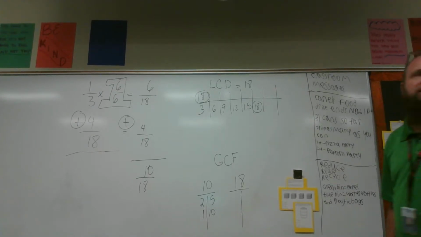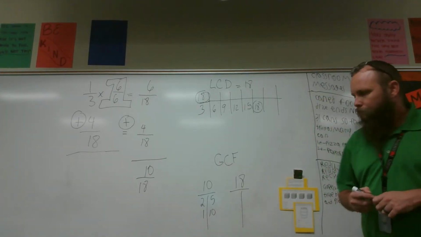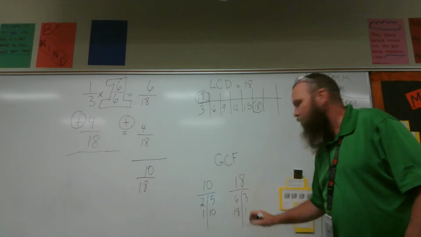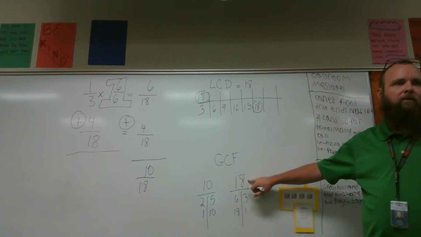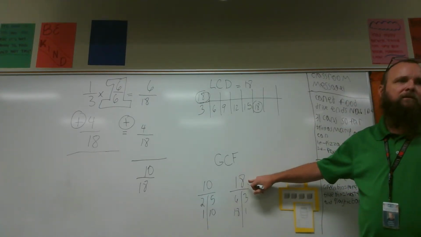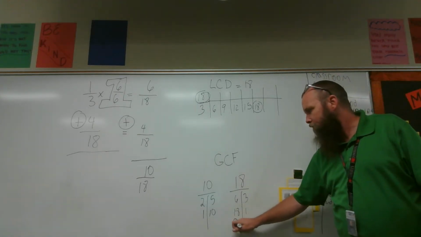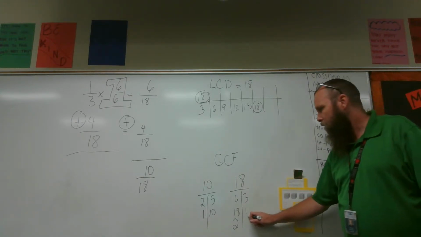Let's call on Hannah. Tell me the factors for 18. 6, 3, 18, and 1. You're missing some. Is 18 even or odd? Even. So every even number has 2 as a factor. So 2 times 9.